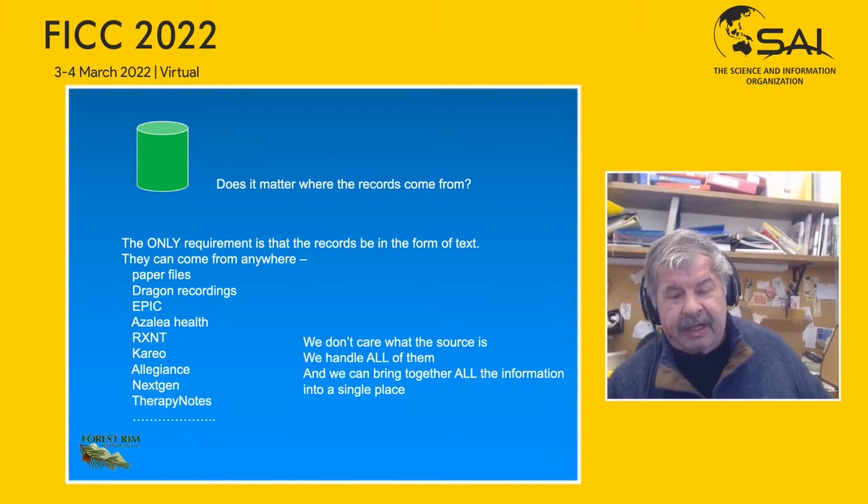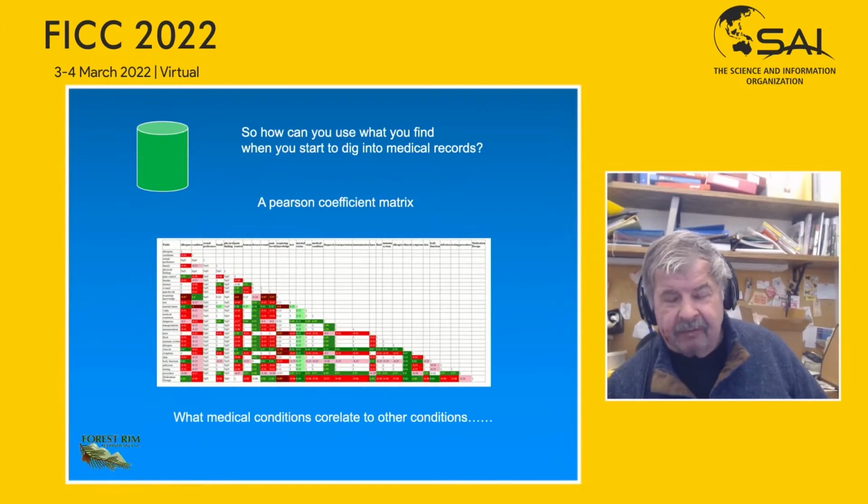In fact, another nice thing that can be done once you can do this is use this facility for modernizing your medical record environment. You're able to bring together all sorts of medical records from all sorts of environments. The only requirement for the usage of the technology is that what you're looking for be in the form of text. As long as it's in the form of text, it doesn't matter where it has come from.